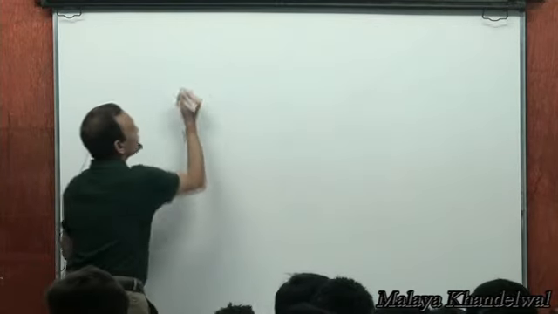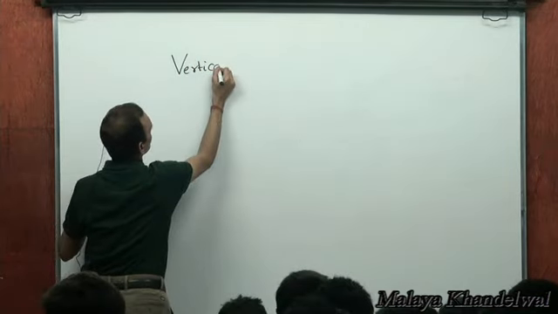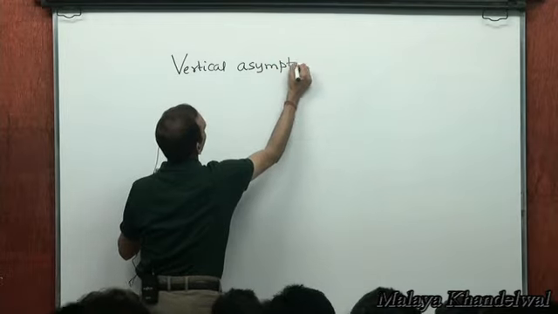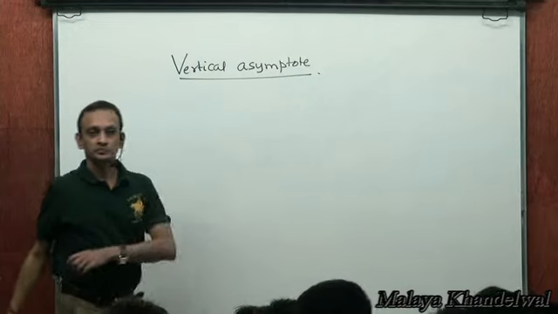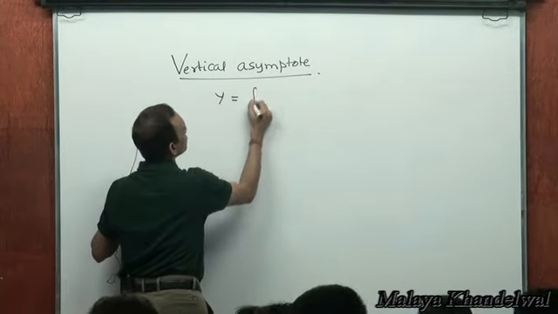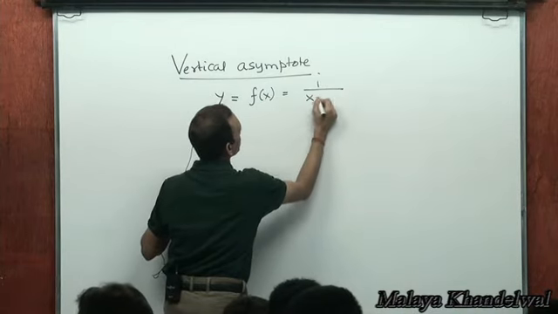Now, there is a notion of what's called a vertical asymptote. So that was an inclined asymptote. We have what's called a vertical asymptote. Say I have a curve y equal to f(x) equal to 1 by (x minus a).